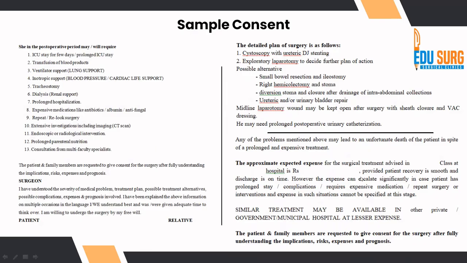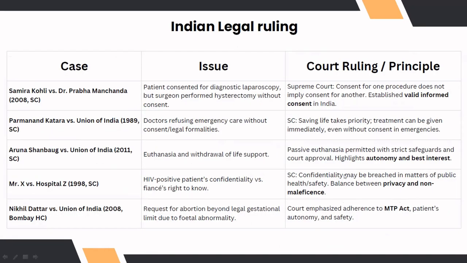And you also have to say that similar treatments are available in other hospitals at a lesser expense. So based on the scenario that your patient presents with, you take a consent. A basic consent which is procedure specific, you add a detailed surgery plan where required, and you give a detailed estimate along with a high risk consent when it is required.